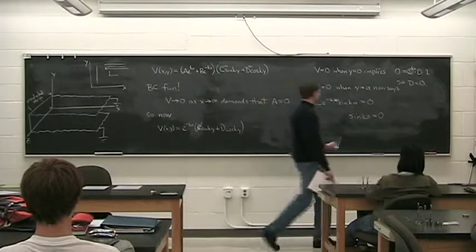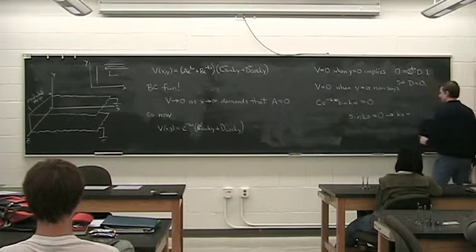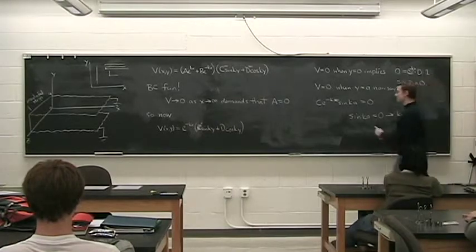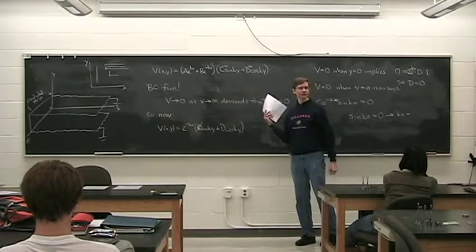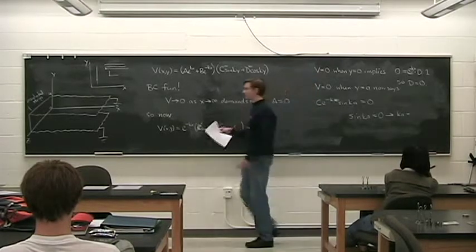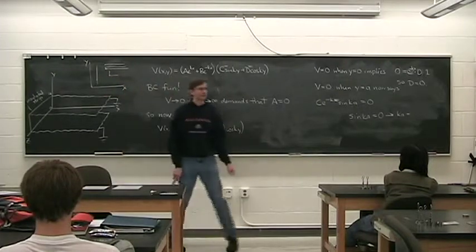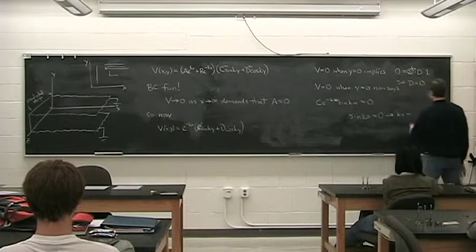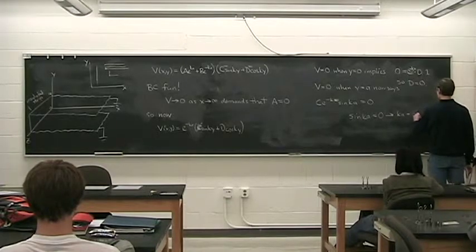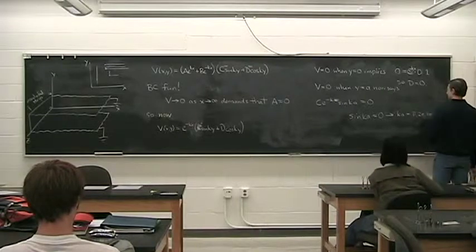So k times a has to be, well, we don't want it to be 0 because then the whole solution is just 0 everywhere. That would be the solution if the strip was maintained at potential 0 everywhere, but that's probably not the situation we're interested in here. So we want ka to be pi, 2 pi, 3 pi, and so on.